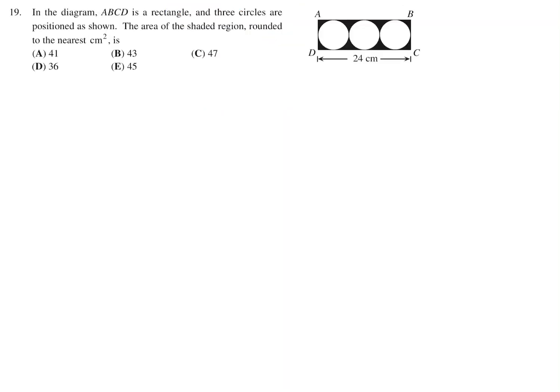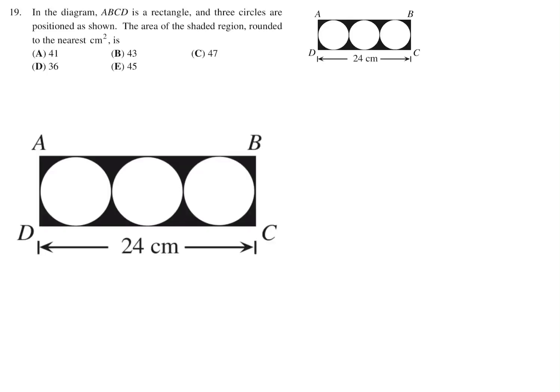In the diagram ABCD is a rectangle, and 3 circles are positioned as shown. The area of the shaded region to the nearest centimeter squared is... So in this diagram, we want to first calculate the radius.